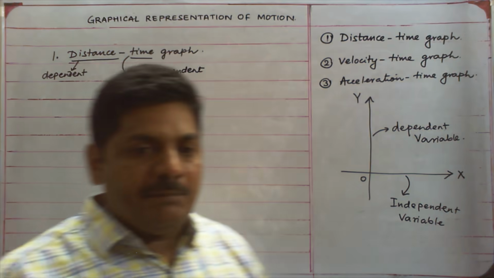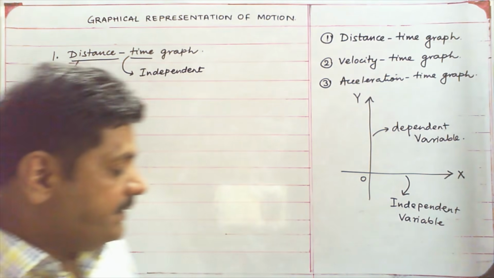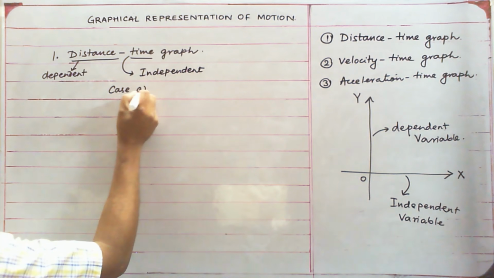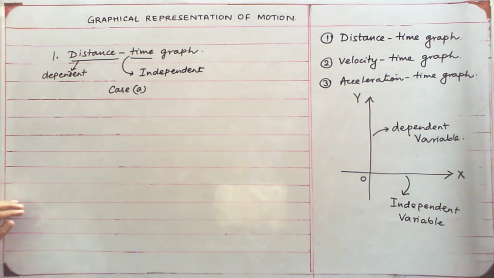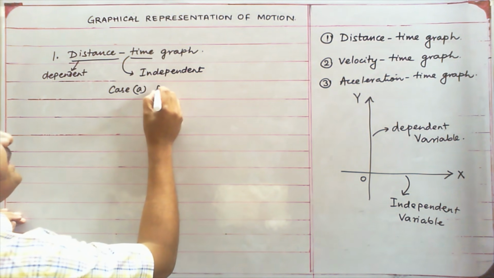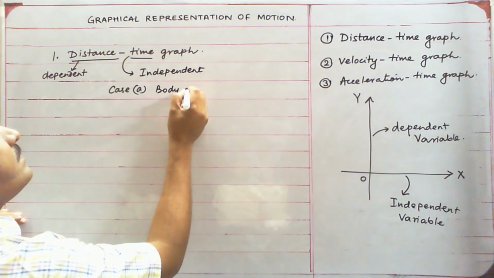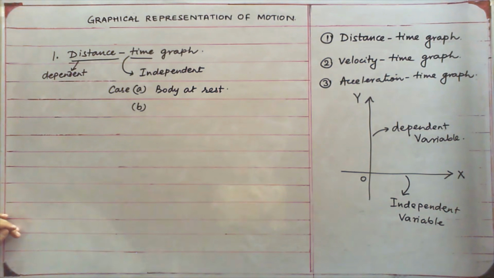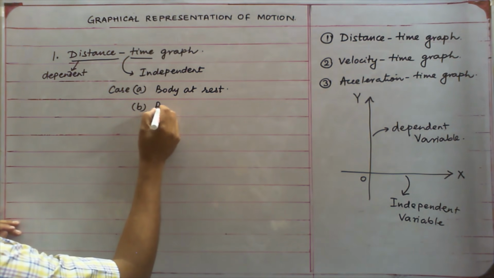Now in distance time graph, we have three different cases. The first one is body at rest. The second one is a body having uniform motion.